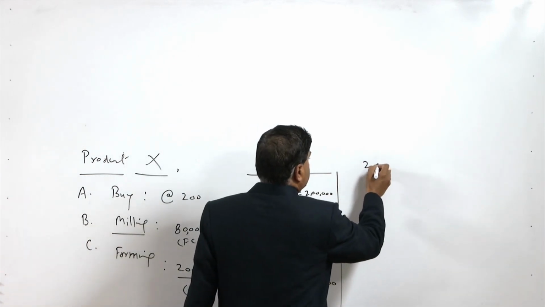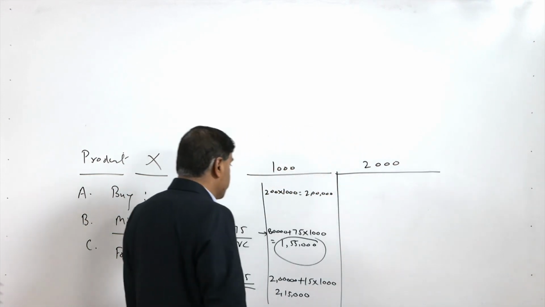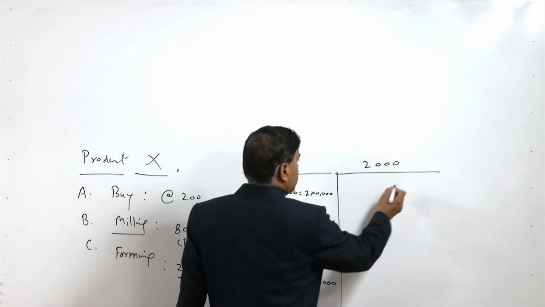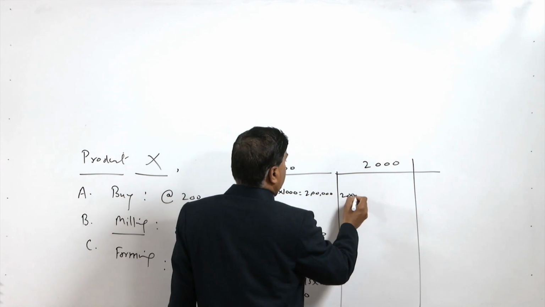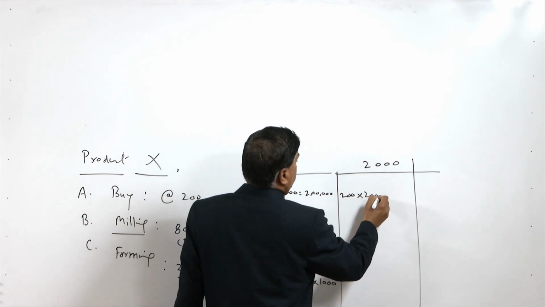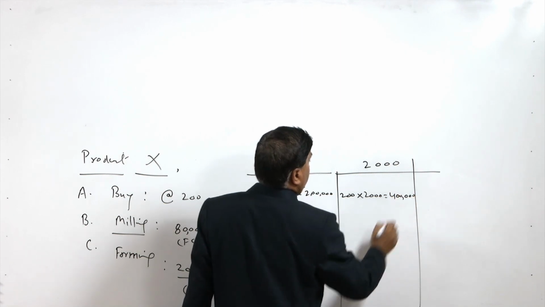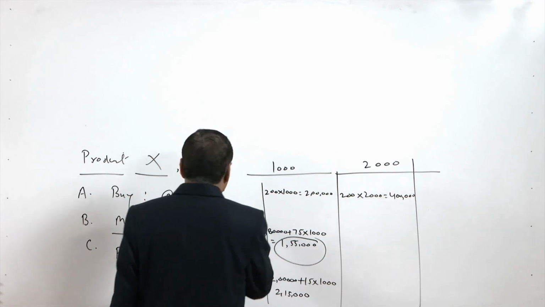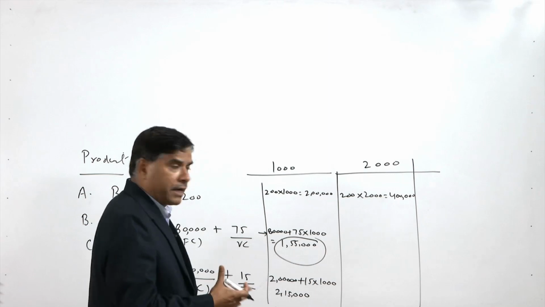And considering the same options, if we have to make 2000 units, how will the scenario change? In this case we have 200 multiplied by 2000, which is 400,000, the cost at which 2000 units can be obtained from the market.